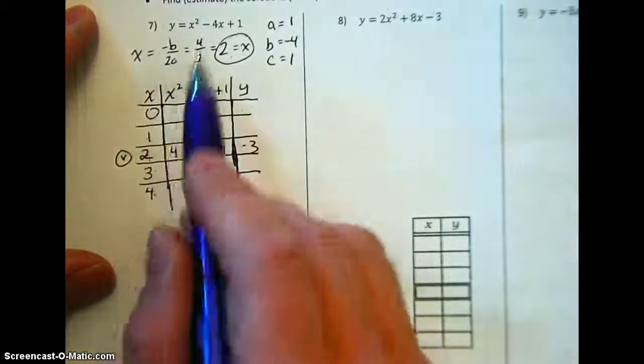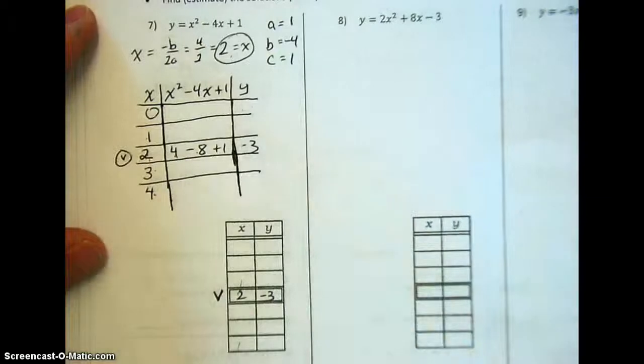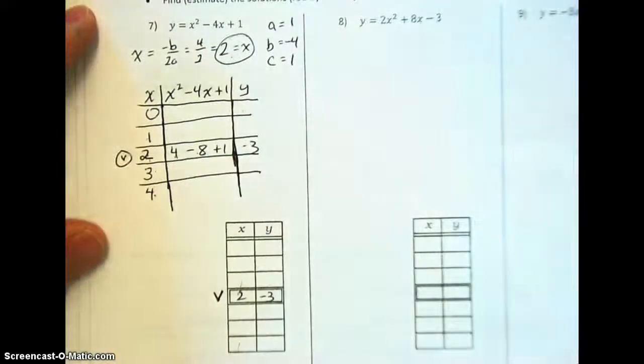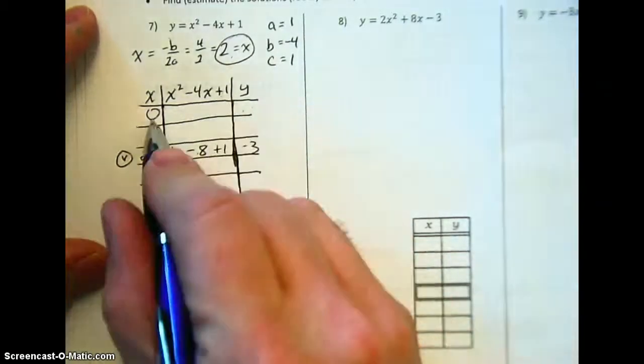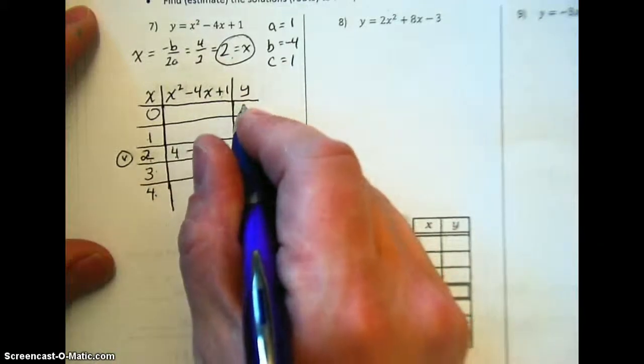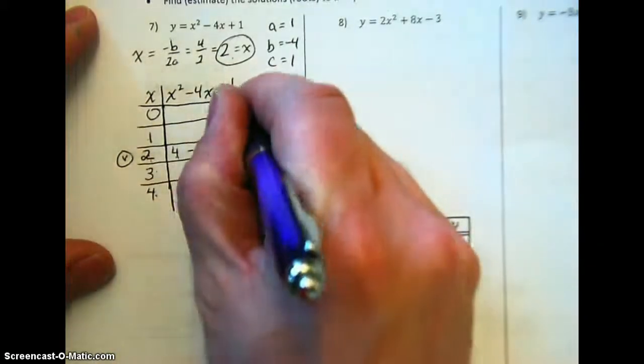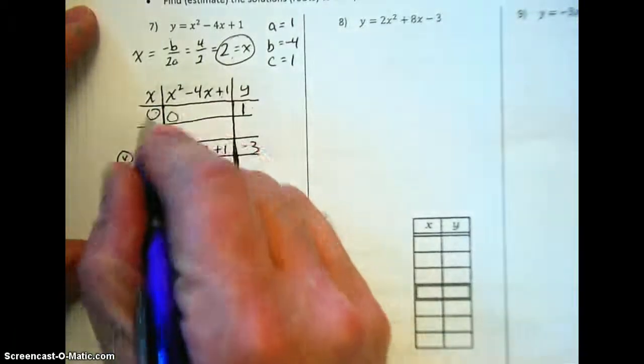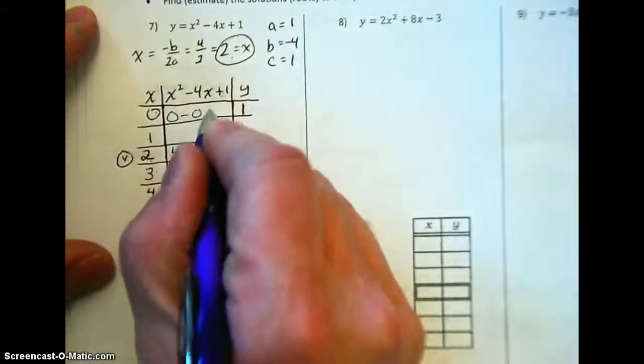When x is 0, what value are we always going to get for our y-intercept? Okay, Alex, what do you think? Yeah, it's C. It's whatever your C term is. So in this one, what is C, everyone? Yeah, it's 1. We put 0 minus 0 plus 1 is 1.